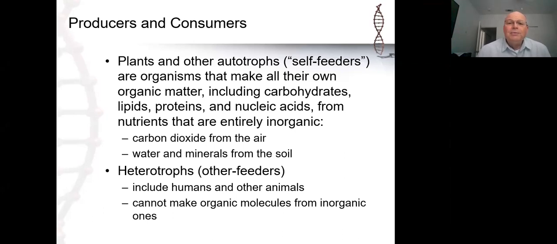So whether we're talking about the list here, the carbohydrates, lipids, proteins, nucleic acids, or other types of organic molecules that they may need, so long as they have access to carbon dioxide, water, and sunlight energy, they're good to go. They can make whatever they need. As heterotrophs, we don't have that luxury. We have to obtain our organic molecules from eating the producers, from eating the plants, the autotrophs.